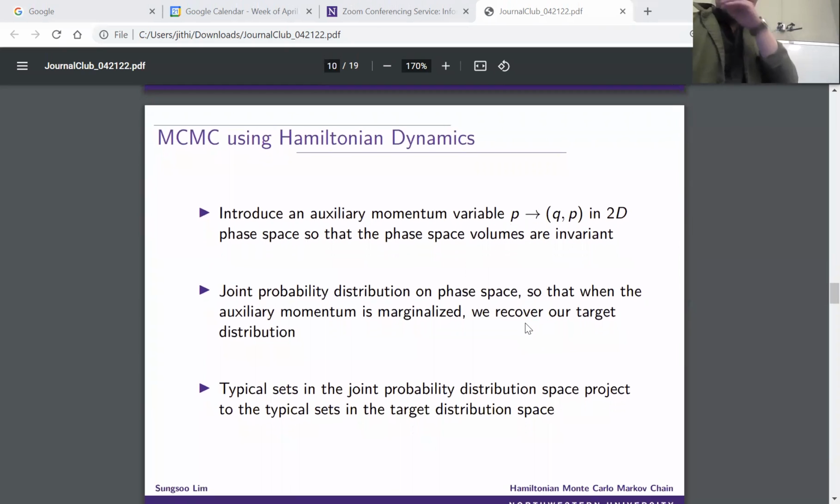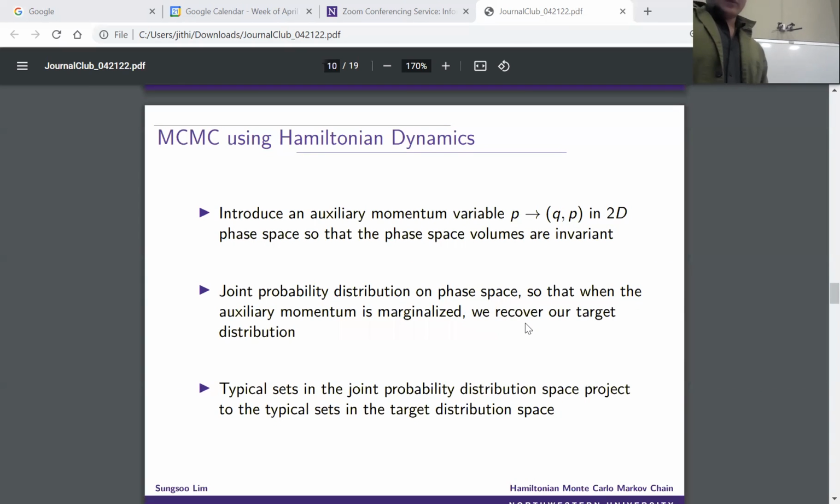So for MCMC using Hamiltonian dynamics, we first introduce an auxiliary momentum variable, so that Q, which is the parameter of the target distribution, and the P that we introduce form a 2D phase space, so that the phase space volumes are invariant.